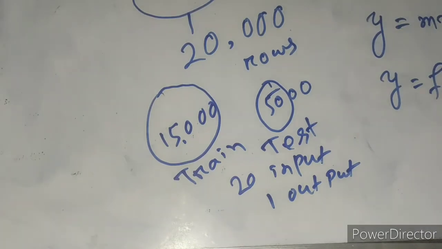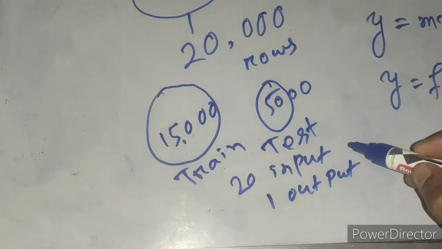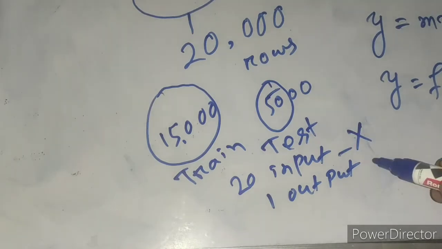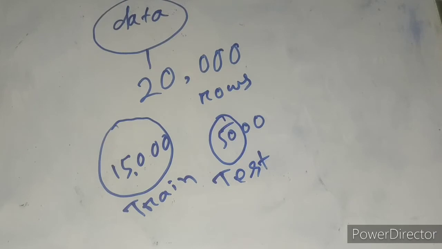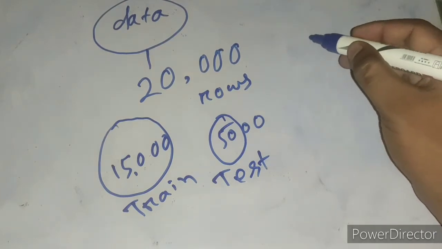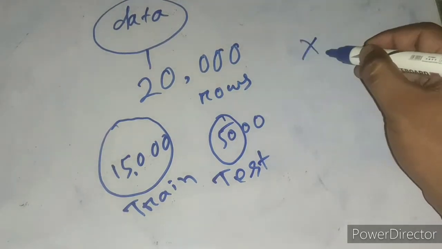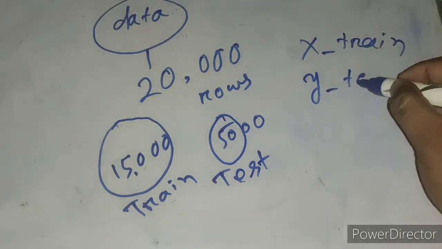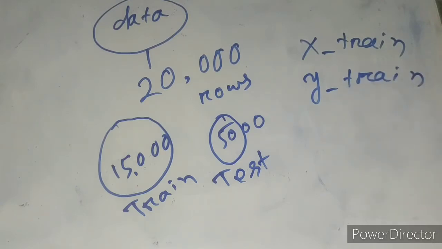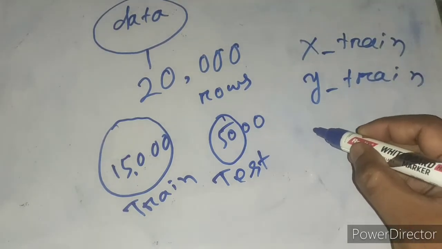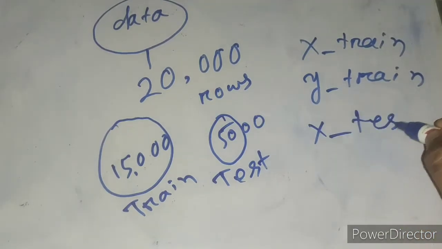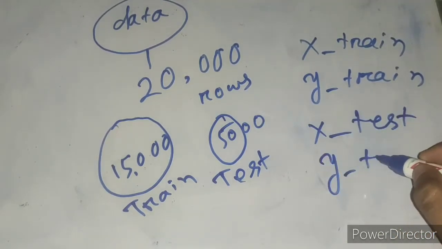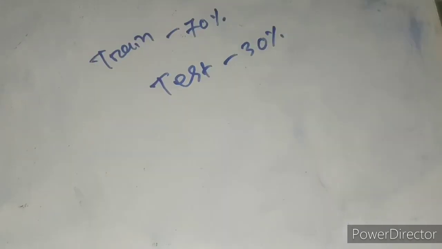So here the input features are known as, suppose, X, and the output feature is known as Y. Now train will be split into X train and Y train. Like that, test will be split into X test and Y test.